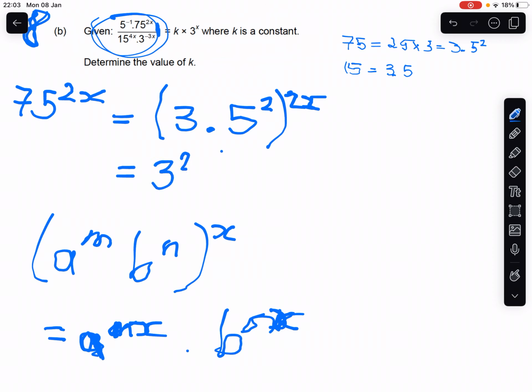We're going to apply this rule to simplify this expression. So we've got 3 to the power of 2x times 5 to the power of 2 times 2x, so that's 5 to the power of 4x.